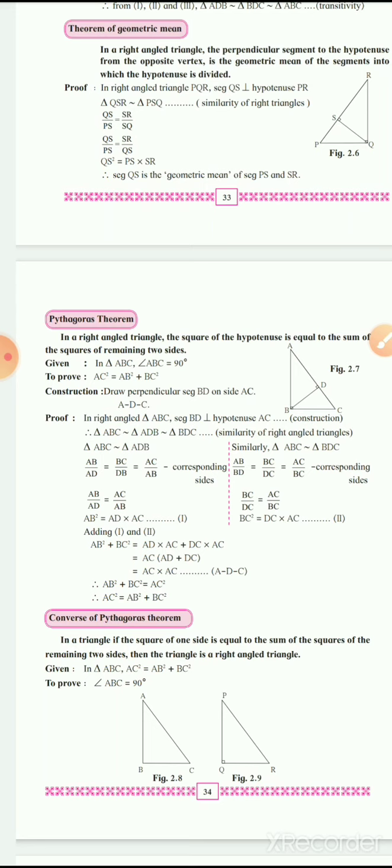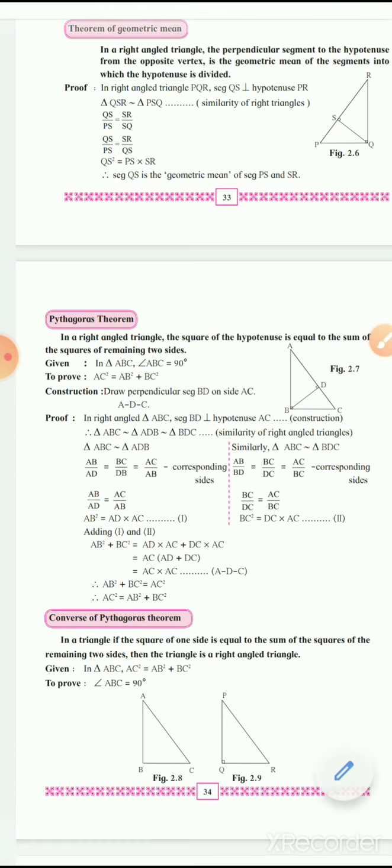So now here in statement 1 the left hand side is AB square, and the left hand side of the second statement is BC square. Now we have to add them.